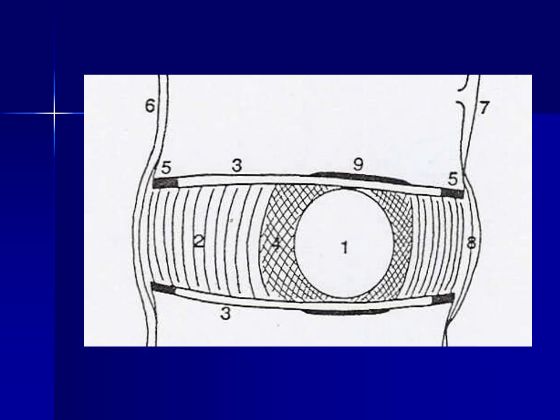This pictorial here is a look at the different zones of the intervertebral disc. Number 1 on this picture is really the nucleus, or the inner gel-like substance. So here we're looking at a vertebra above and a vertebra below, and this disc is between those two vertebrae. Number 2 is the annulus on the outside.